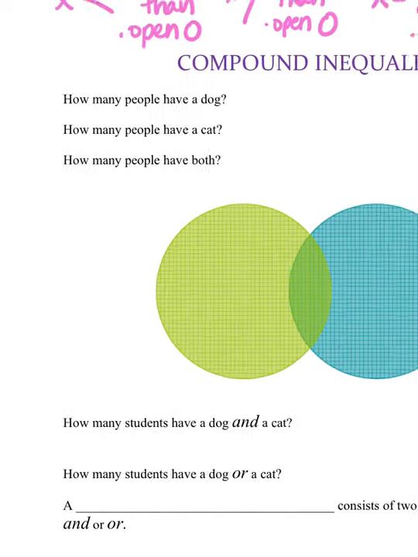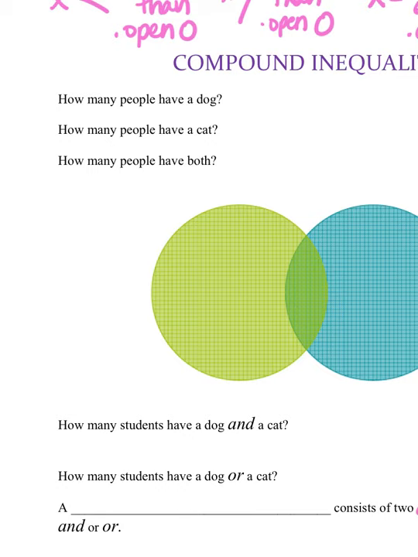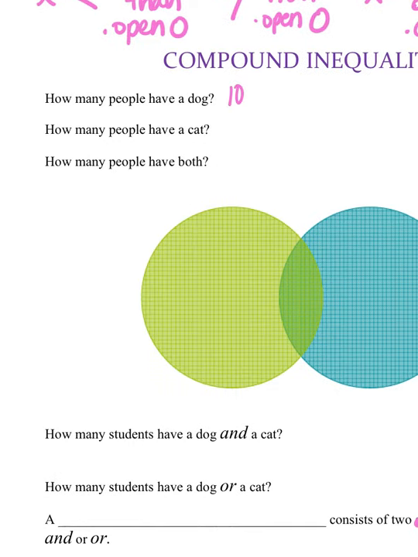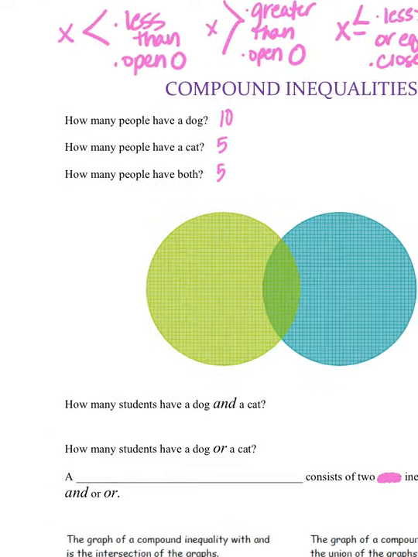So pretend we've asked 20 people, how many of you have just a dog? 10 people said they have just a dog. Now, how many of you have a cat? Let's say 5 people said they have a cat. And how many of you have both a dog and a cat? We'll say 5 people have both.